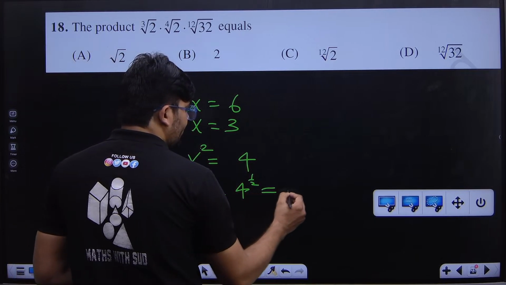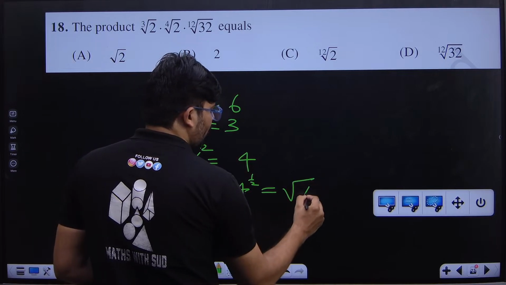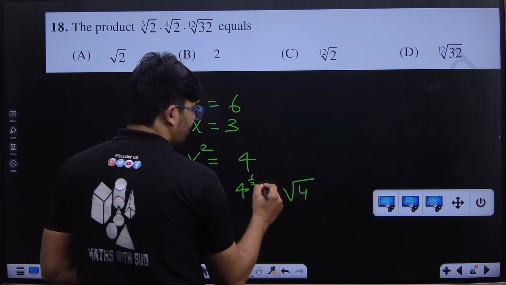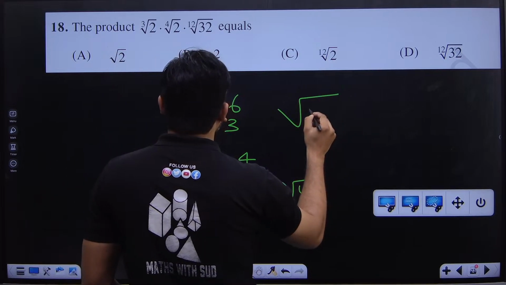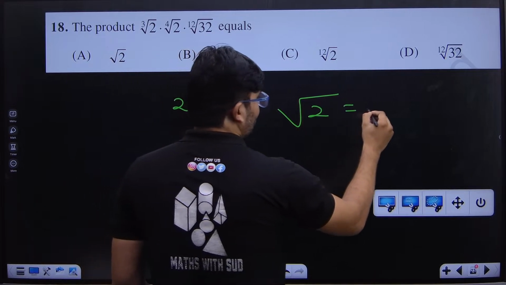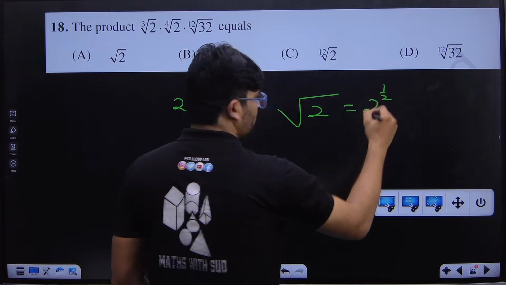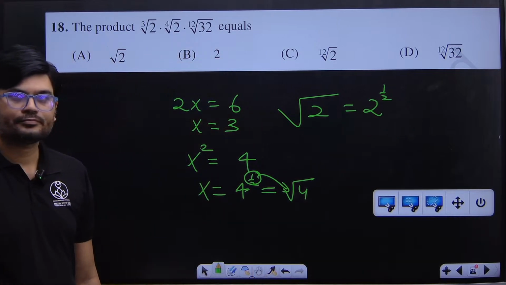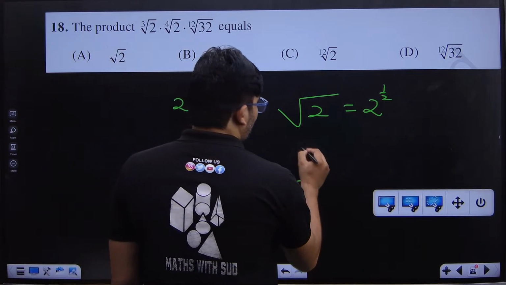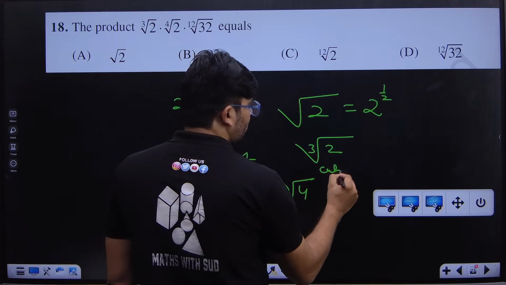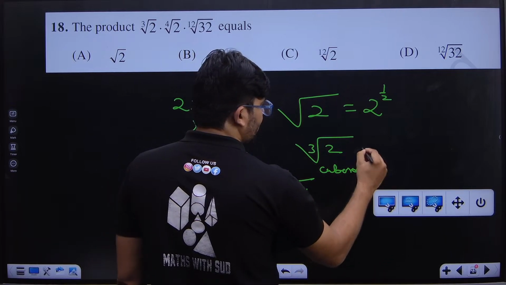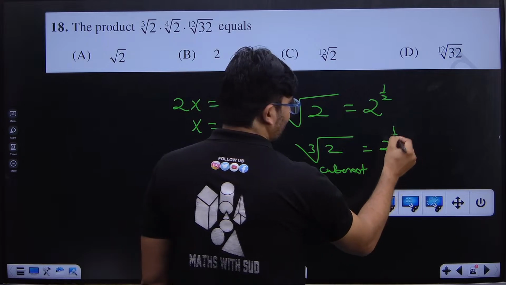This whole thing is represented by square root of 4. The power is represented by this symbol. So if I write under root of 2, I mean 2 to the power 1 by 2. Are you getting it? If I write cube root of 2, this is spelled as cube root, then I will write it as 2 to the power 1 by 3.